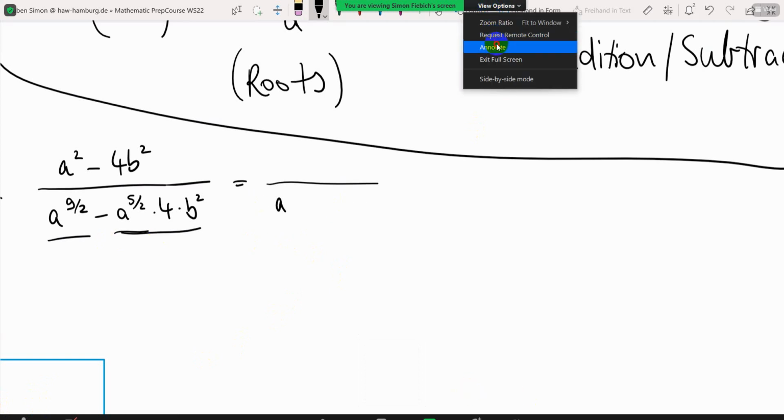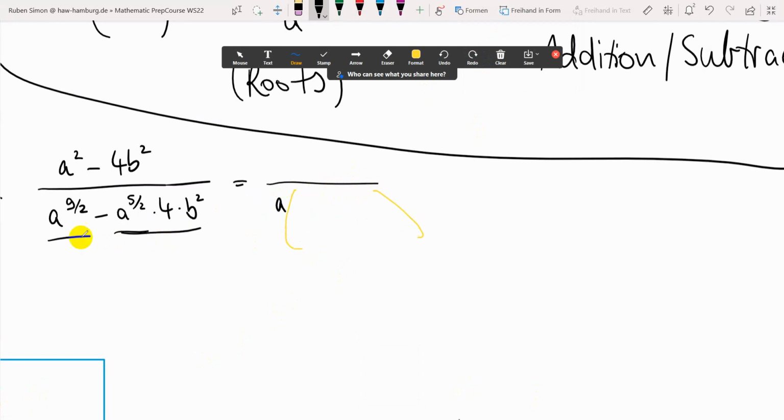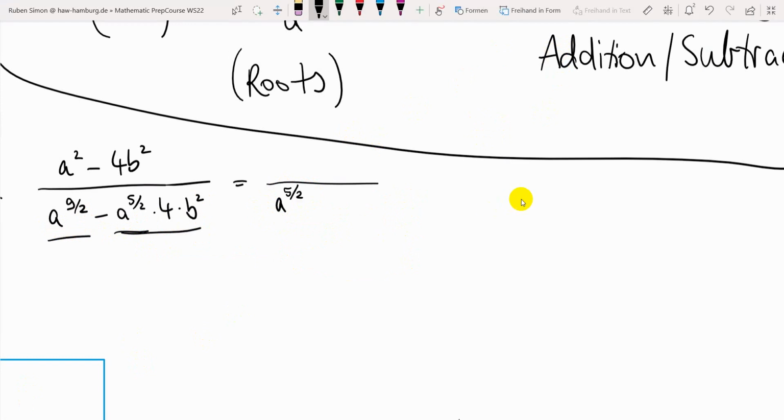A to the power of 5? Yes, one at a time would be great. A to the power of 5 divided by 2, multiplied by parentheses a squared minus 4b squared.